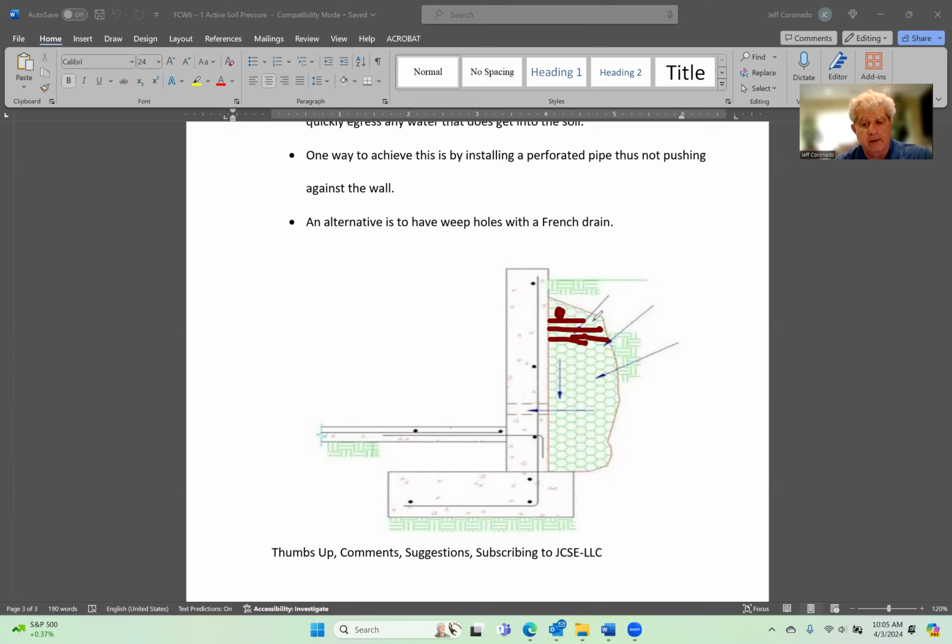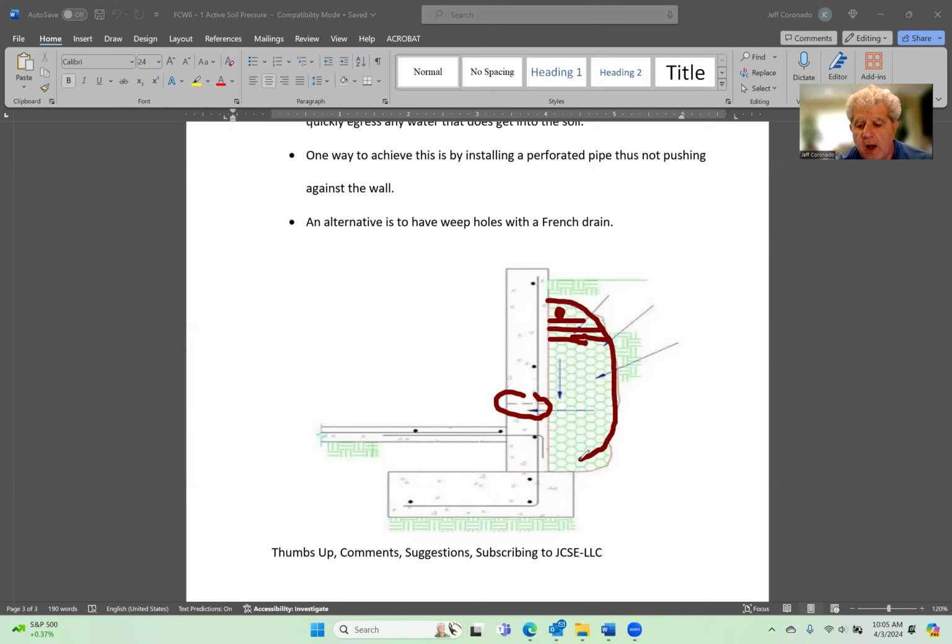Remember we said that, right? Water is trapped in the voids. If the soil is real cohesive, if it's real clay, then the water might have a hard time getting out of those voids. So even though we've put weep holes down here, the water might struggle to get out through those weep holes. So we put a French drain, meaning we put a certain amount of rock against the wall.